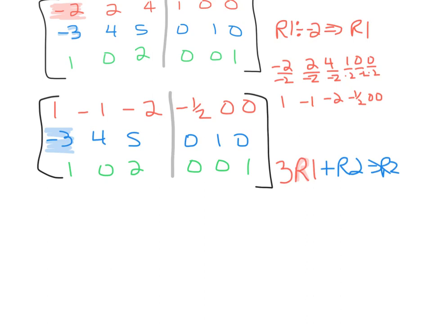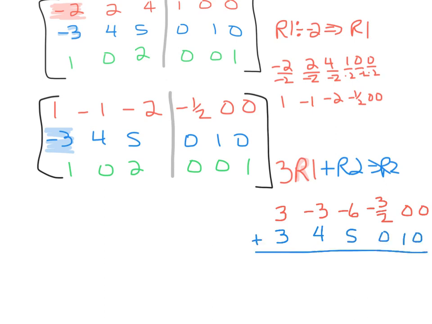So row 1 multiplied by +3 gives me 3, -3, -6, -3 halves, 0, and 0. I'll write row 2 underneath here. I'm going to add them, and I get 0, 1, -1, -3 halves, 1, and 0. This is now my new row 2.